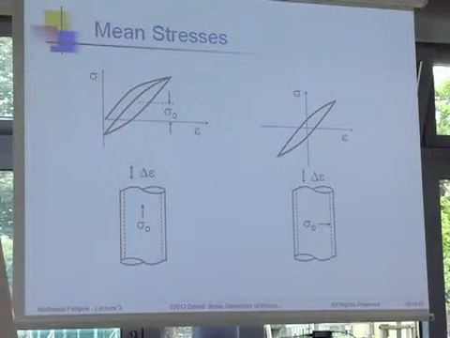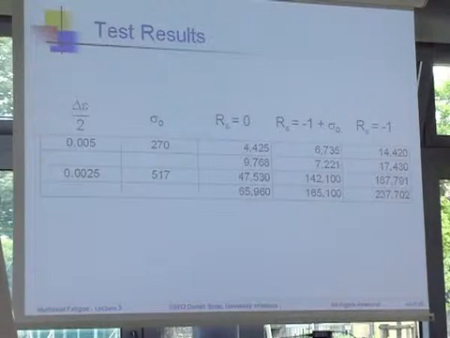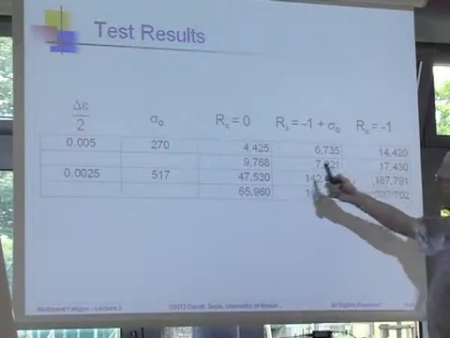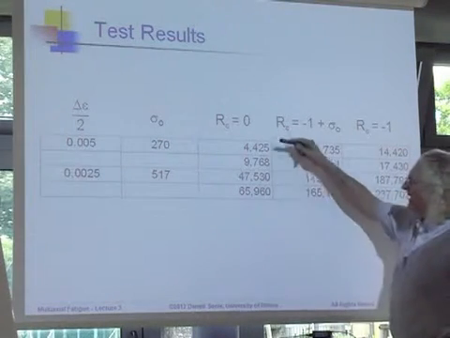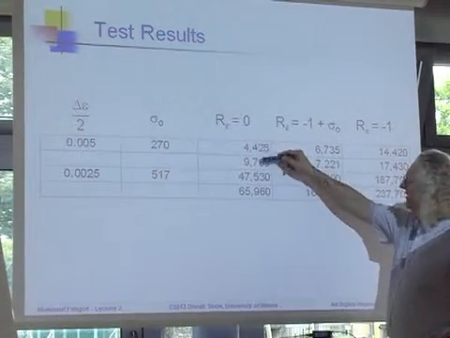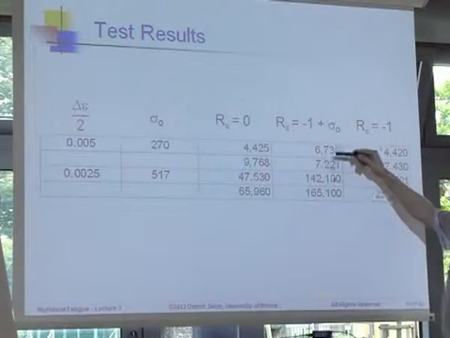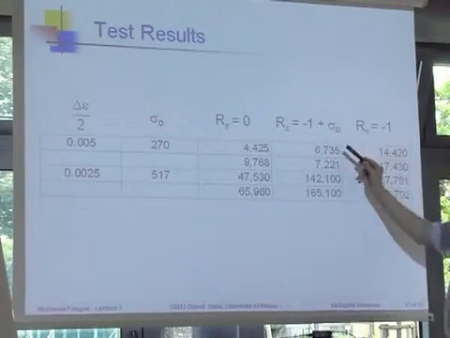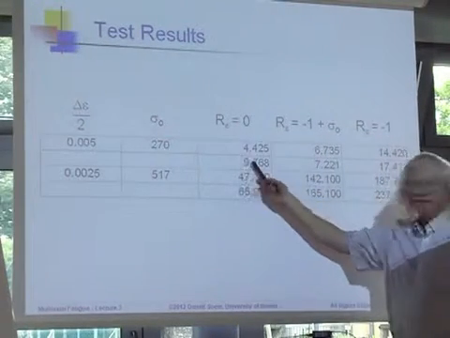So how about the experiments? So here are the experiments. So here are strain range, mean stress. Right, we'll look at the top row first. This is what happens to the one on the left. This is what happens to the one on the left plus the mean stress that's there. I claim these are the same.